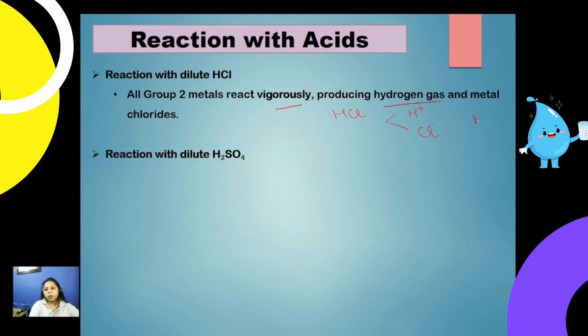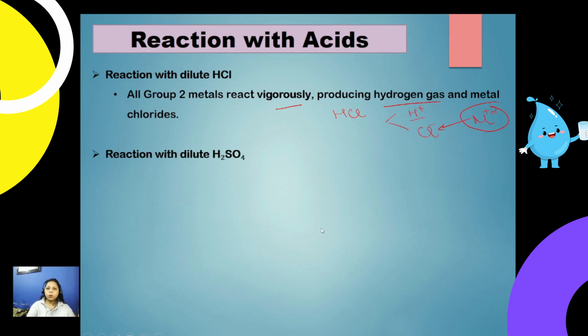Group 2 elements act as dipositive atoms, so definitely they are attracted toward the negative ion rather than the positive ion. So definitely a salt is formed, that is, a halide is formed instead of a hydride. You must know the basic logic behind every reaction, and it's really easy to remember.